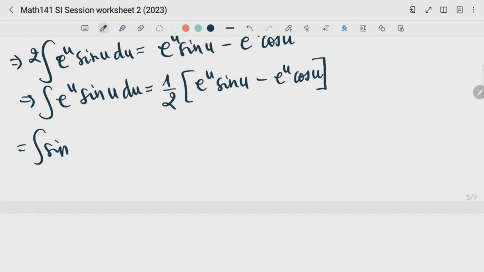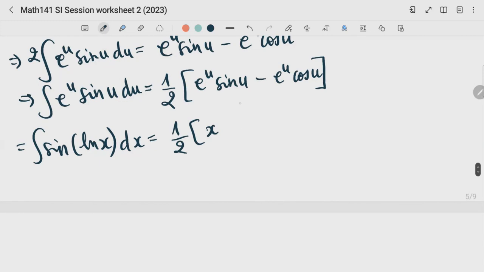The integral of sine of ln x dx is therefore equal to 1/2 times x times sine of ln x minus x times cos of ln x.